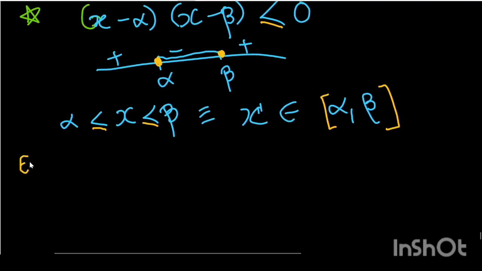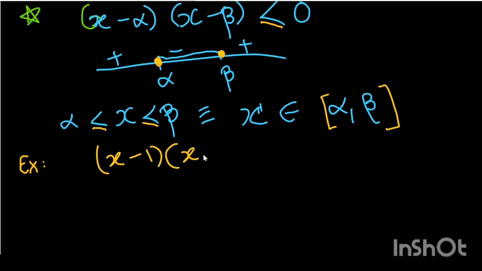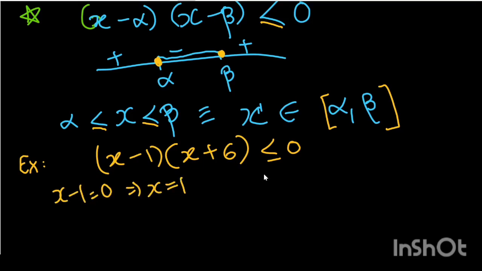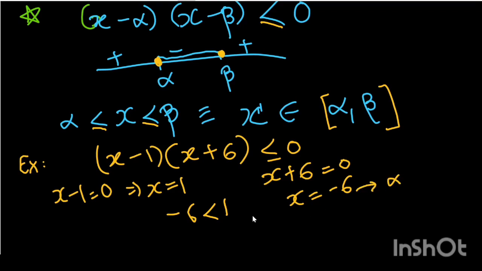So for example, if I take (x minus 1)(x plus 6) less than or equal to 0, this linear factor vanishes at x equals 1, and the other linear factor vanishes at x equals minus 6. Minus 6 is less than 1, so minus 6 would be assigned as alpha and 1 as beta.